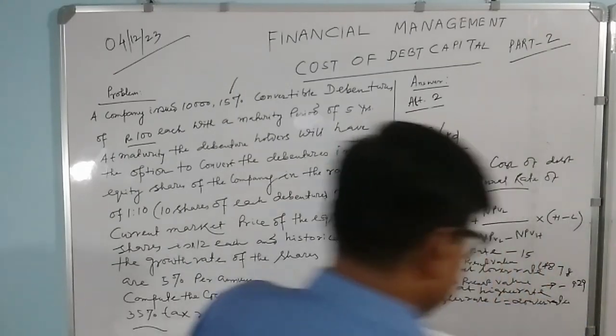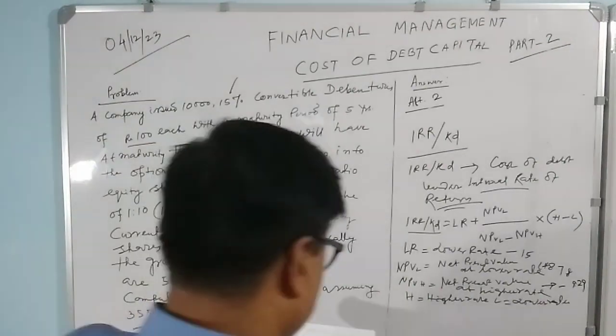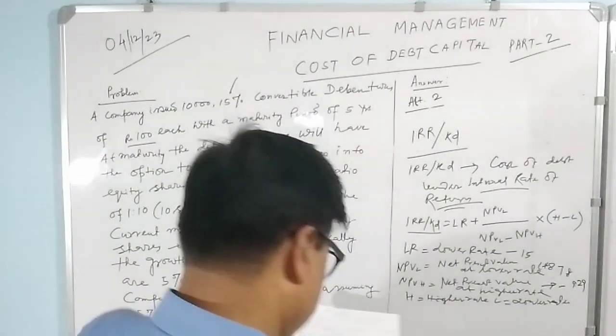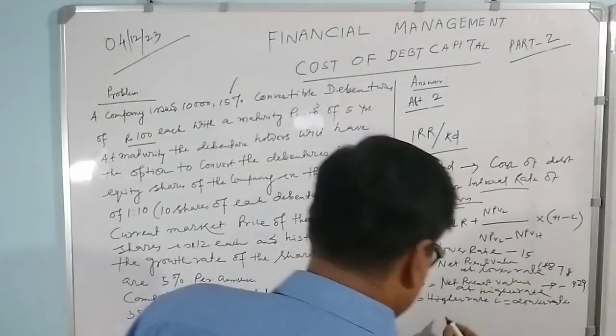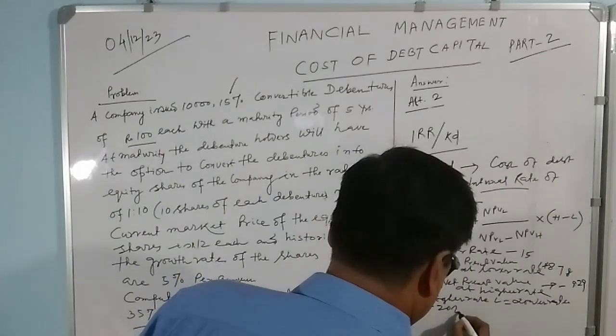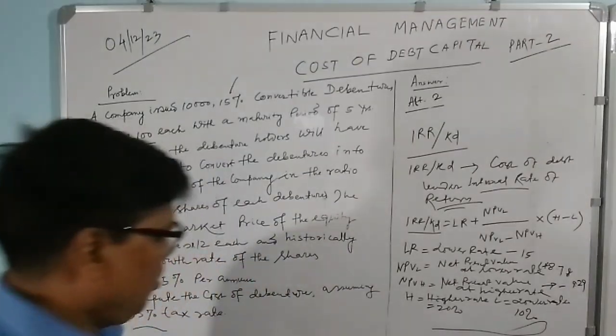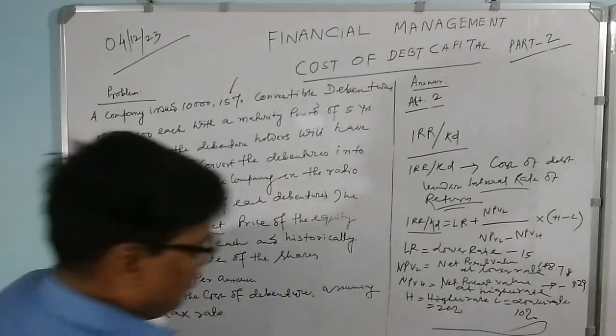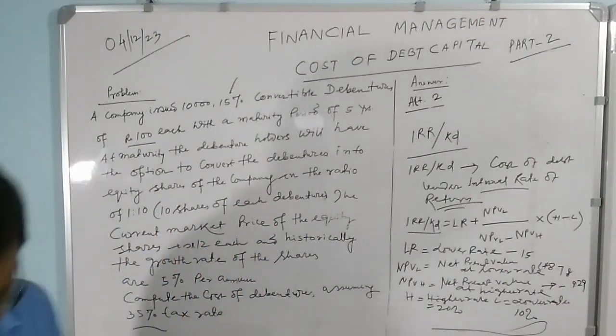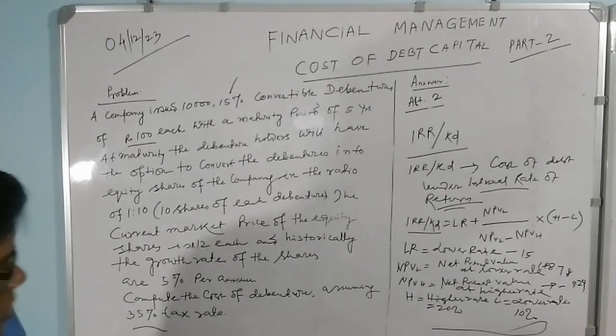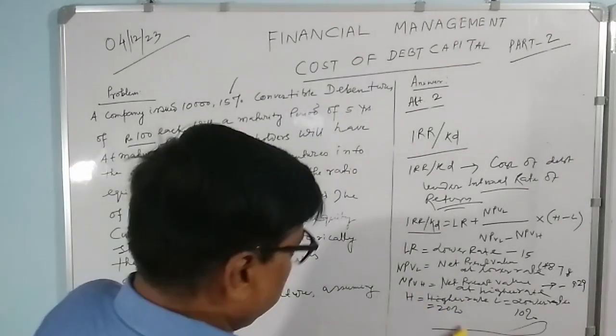If you see the earlier pages, that figure will be there. H equal to the higher rate, which is 20%, and lower rate equal to 10%. So whenever net present value is calculated, the rate will lie somewhere between the two rates. This is the formula we have given.